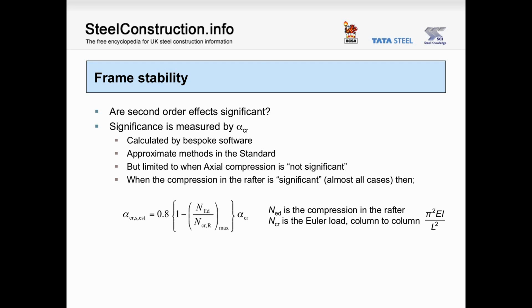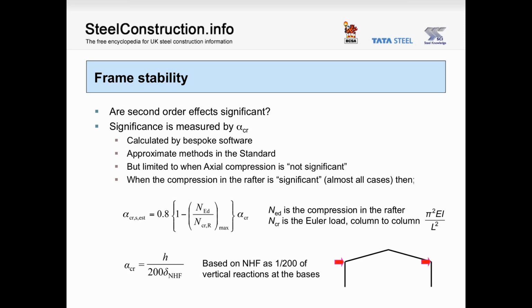The first term, 0.8, allows for the compression in the column, and the second term in the bracket allows for the compression in the rafter. The final term, alpha crit, is the calculation of the story height divided by 200 times delta NHF.